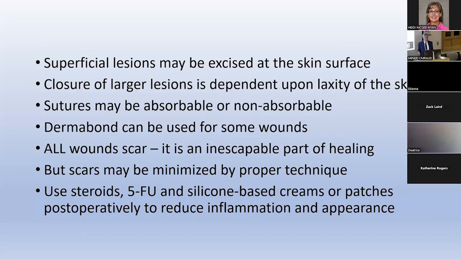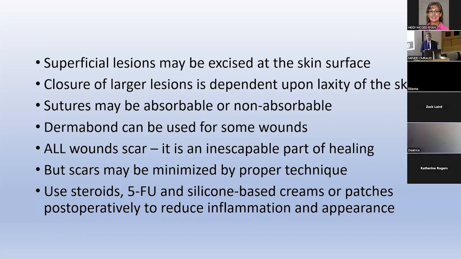But let's say you do get one that's objectionable. It's red, it's thick, it's tender, it's hypertrophic, it's ugly in the wrong place. There are a number of things you can do. Triamcinolone or Kenalog can be injected in the office. You can mix it or use 5-FU by itself. It's an anti-metabolite that stops scarring.